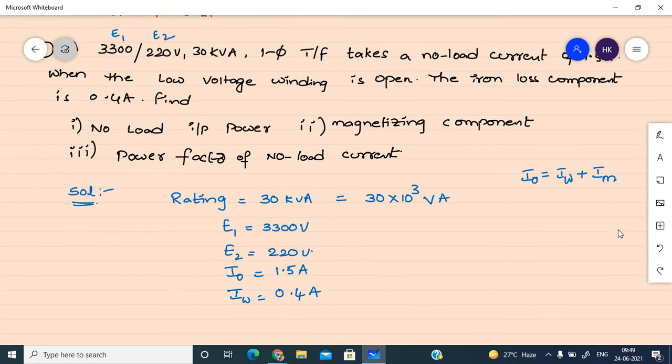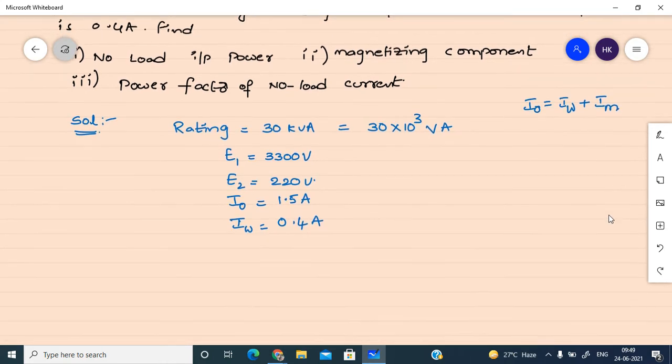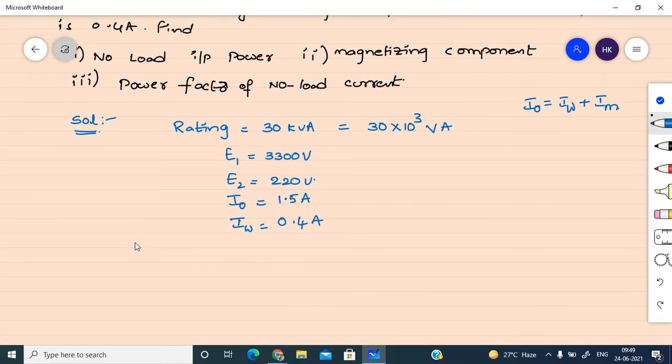Now let's see what we have to find out. The first one is the no load input power. No load input power we can indicate with W naught.